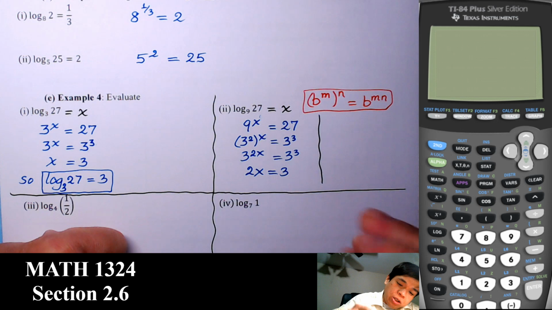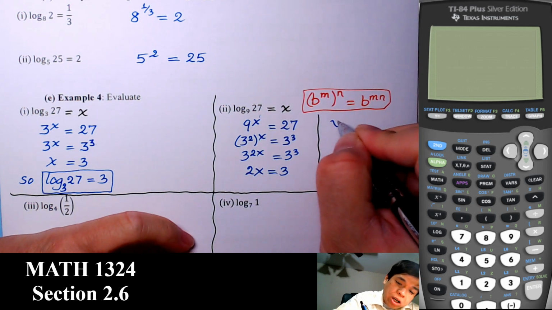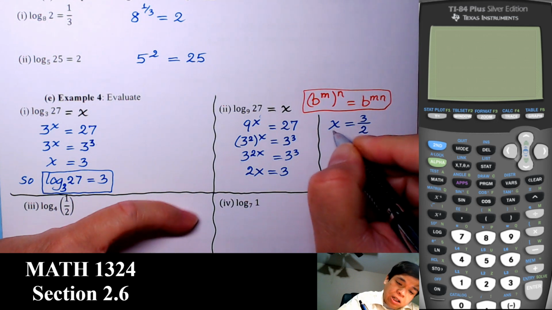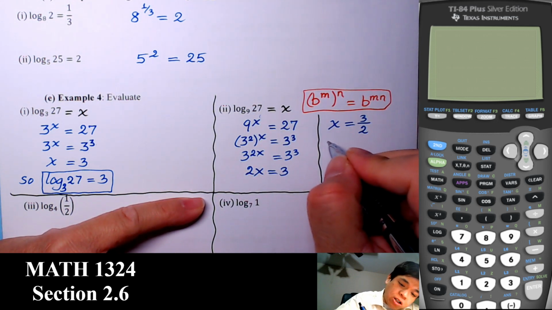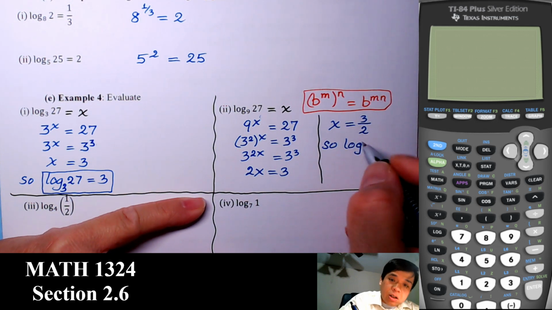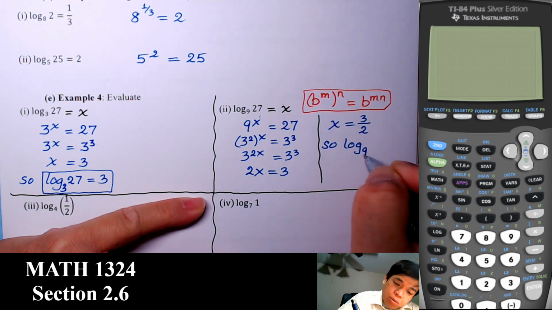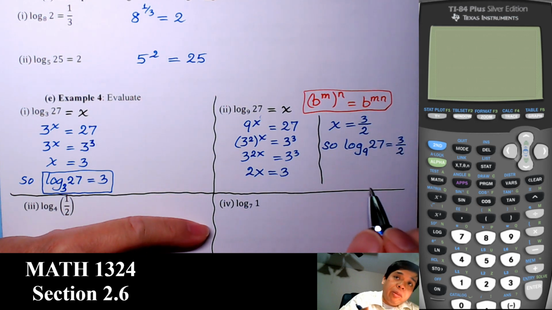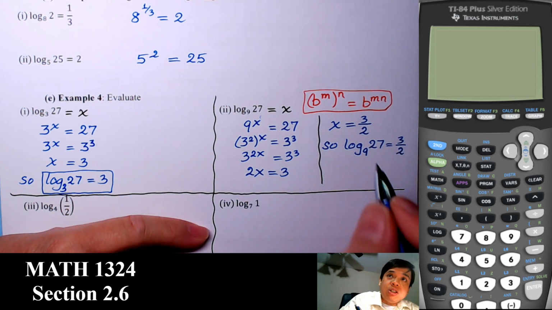Divide by 2 on both sides, so x is equal to 3 halves. So that's what the log is. The log base 9 of 27 is equal to 3 halves. So 9 to the 3 halves is 27.